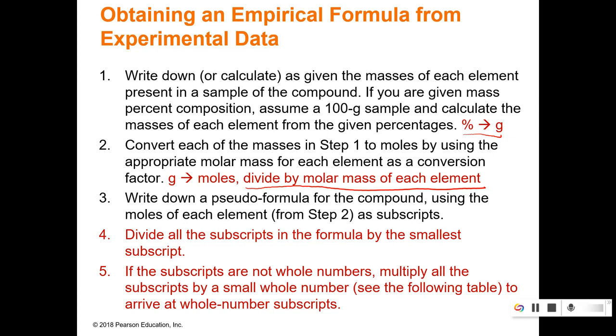Step 3 is you write down the subscripts from step 2. Step 4 is you divide all the subscripts by the smallest. Step 5 is an if situation. If they're not whole numbers at that point, once you've gone through step 4, then you have to multiply them by another whole number to get whole number subscripts, because we cannot have decimal subscripts.